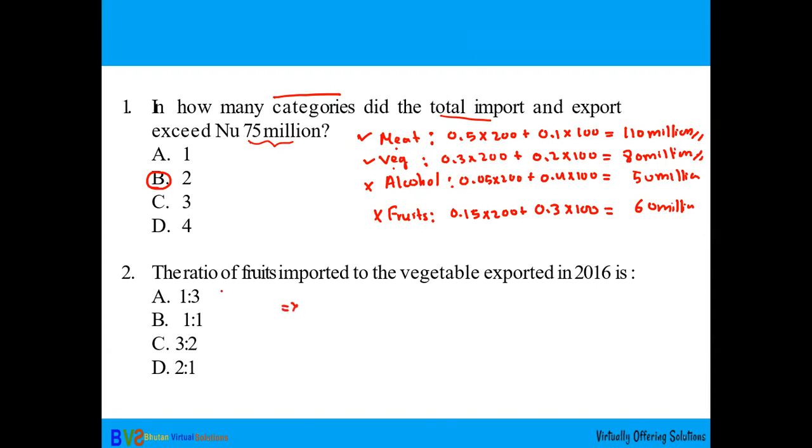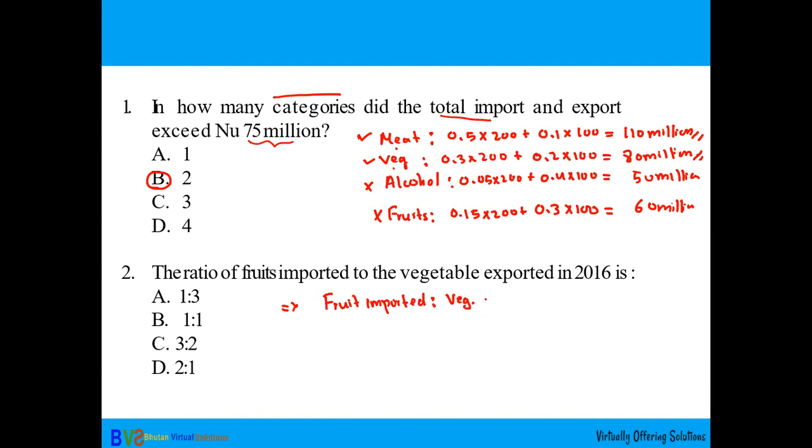All right. The ratio of fruits imported to the vegetables exported in 2016. We need to find the ratio. Now, the ratio of fruit imported to the vegetable exported.